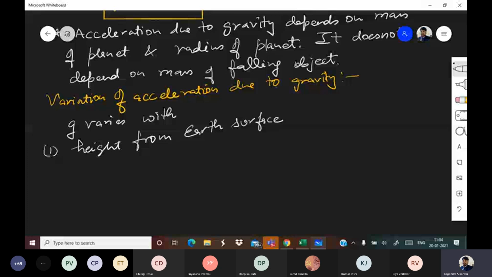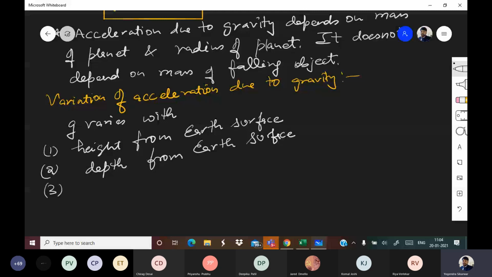Okay, so G varies with height. Number two, depth from Earth's surface. Number three, due to rotation of Earth.